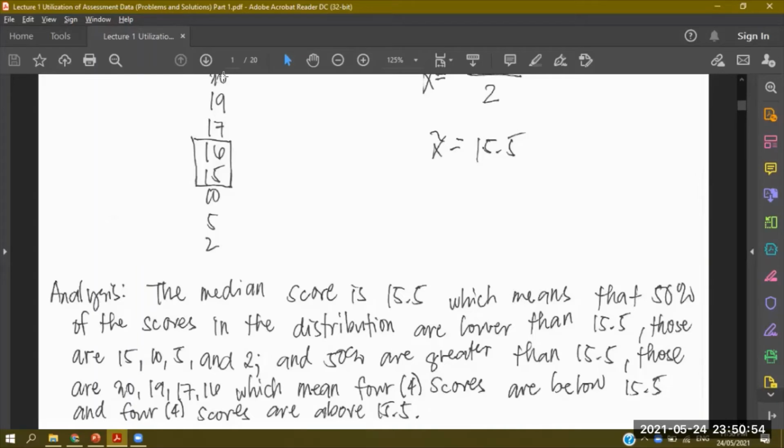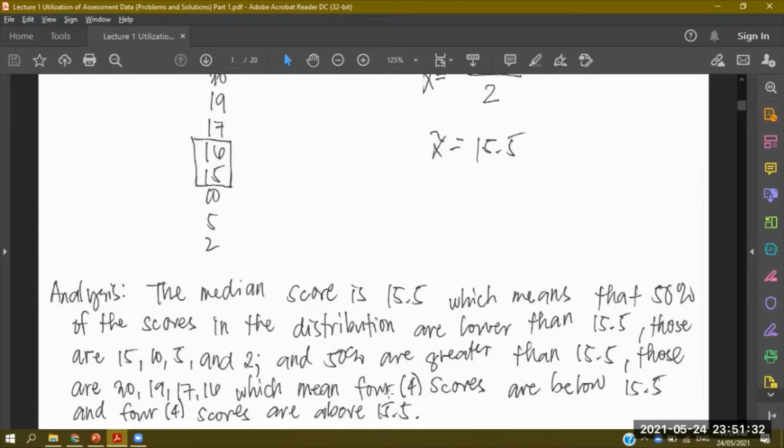If we count the cases, I told you that if we count the scores below and above the median score, they have the same number of scores. Let's try to count. Below 15.5, we have 15, 10, 5, 2: 1, 2, 3, 4. Above 15.5, we have 16, 17, 19, 30, and that is 1, 2, 3, 4.